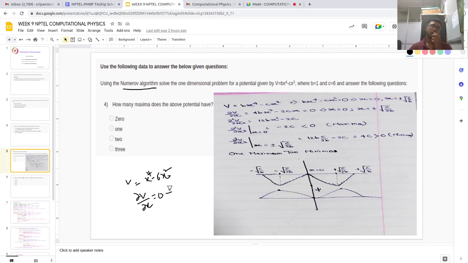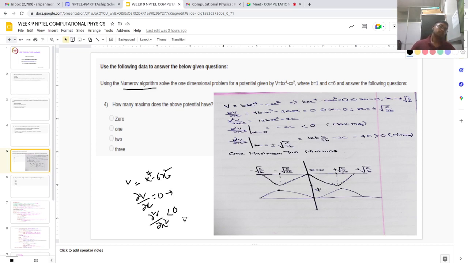This will give us the information about extrema, but we cannot differentiate between minima and maxima by this. It will include maxima as well as minima. Then if we need to find the maxima, we take the second derivative, d2V/dx2, and for maxima it will be less than 0.